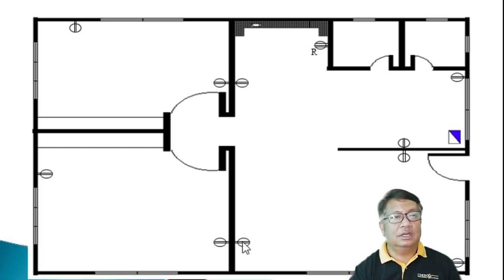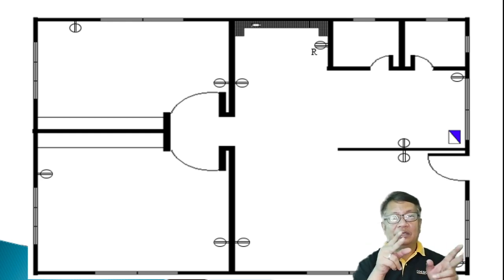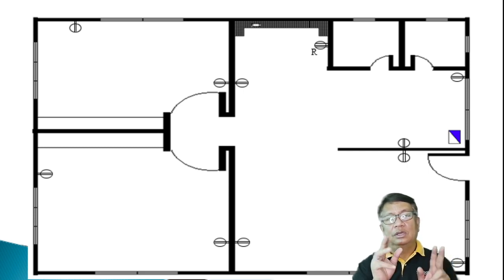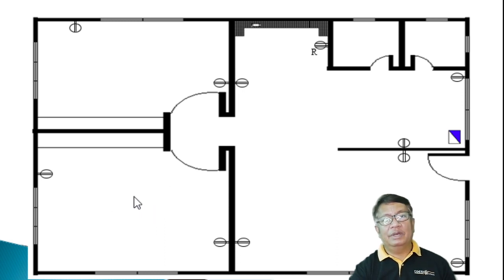Then what do these two parallel lines mean? It means that this is a duplex convenience outlet. So a convenience outlet having two openings or outlets, so that we can use at least two appliances at the same time in this outlet, no. So in our master's bedroom, more or less, we have two duplex convenience outlets here.